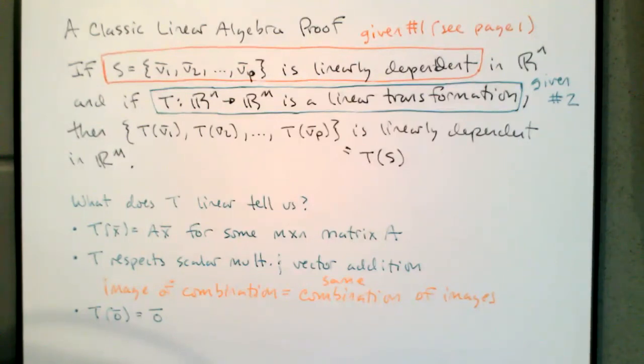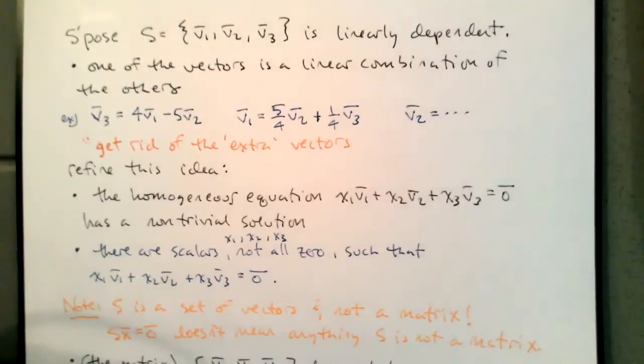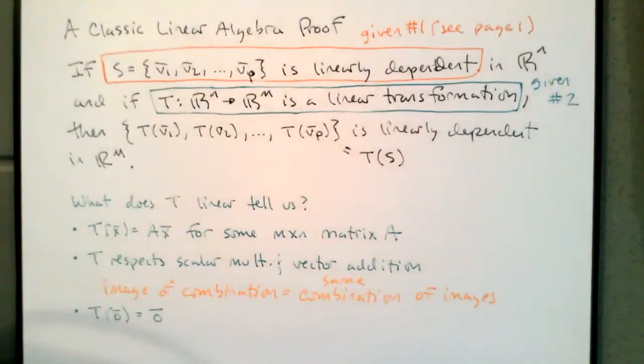I want to show that the homogeneous equation involving all those vectors has a non-trivial solution. I want to show that the matrix made up of all those vectors does not have a pivot in every column. And there are other ones. So I want to pick one of those things that I can show using the given information.